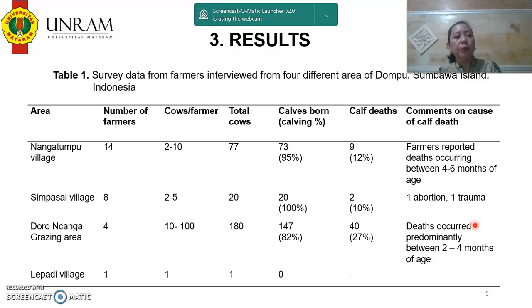The farmers' interview depicted in this table indicates that cow calving ranged from 82 to 100% of cows owned. Calf mortality ranged from 10% to 27%, and in most cases, calf death occurred predominantly between 2 to 4 months of age.